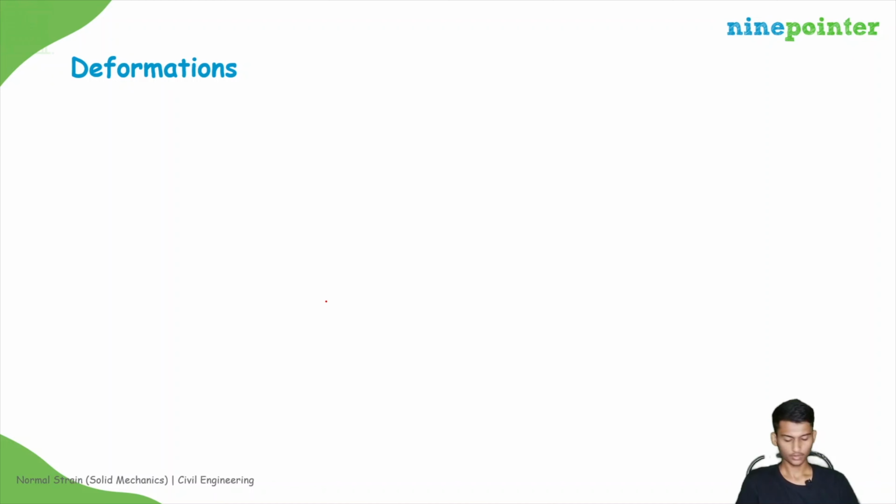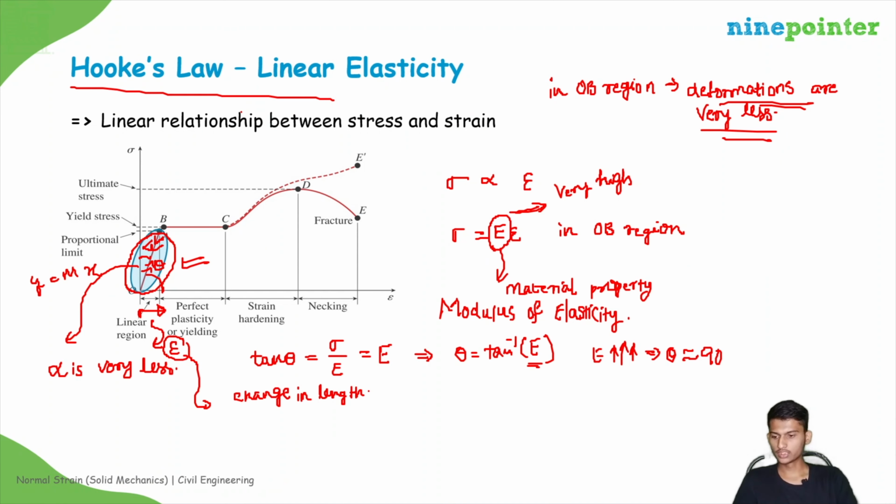Let us move ahead. We completed normal stress and normal strain, so now we can do deformations. If you consider a simple member subjected to tensile load P. One more thing: this is known as the stress strain diagram of a member in tensile load.